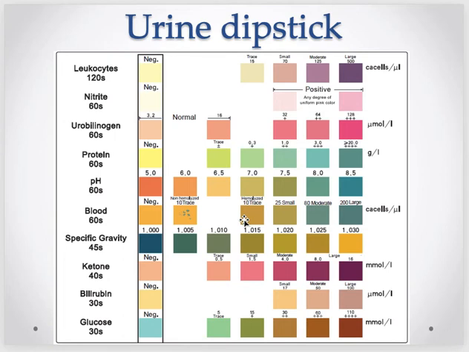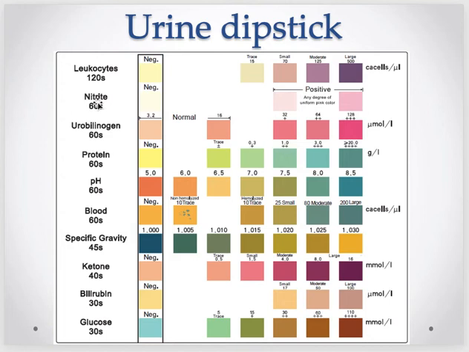All these organisms which I'm talking about are basically gram negatives, and they have enzymes that reduce nitrate to nitrite. The most common organisms which cause UTI have enzymes to convert nitrate into nitrite. So whenever anyone has this positive, it means the person has UTI.